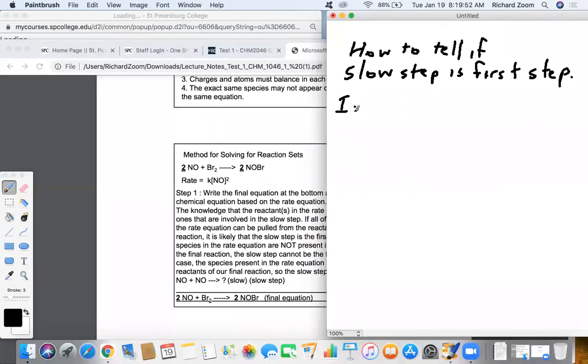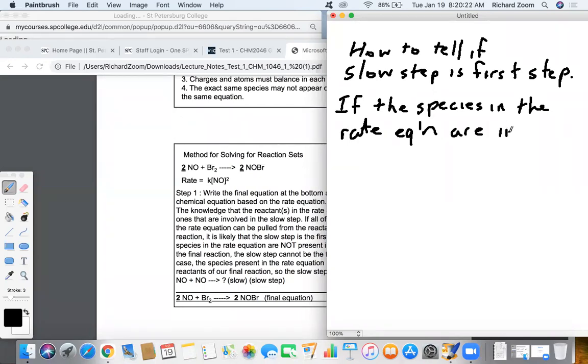So if the species in the rate equation are in, we'll say, all the species.